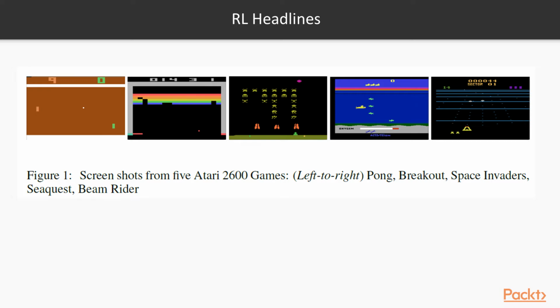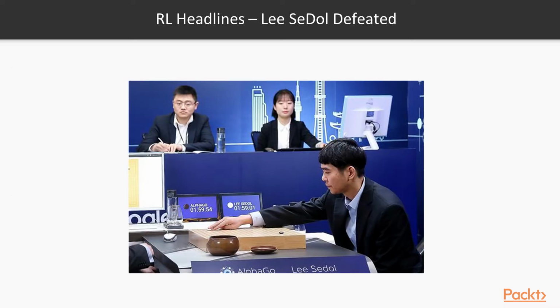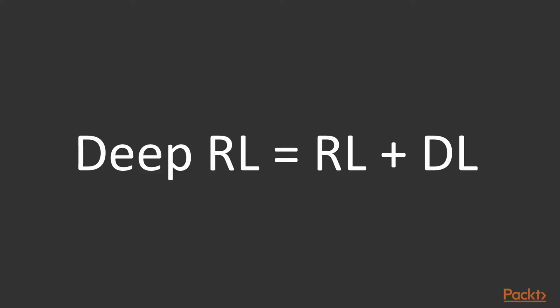Now, you may have heard of some headlines about these type of systems. For example, now we know that reinforcement learning systems can learn to play video games at a superhuman level, or that one of these systems was able to perform better in the game of Go than the world champion Lee Sedol. And this particular system, AlphaGo, was a special kind of reinforcement learning system. This was a deep reinforcement learning system, which is a combination of deep learning techniques plus traditional reinforcement learning techniques in theory.